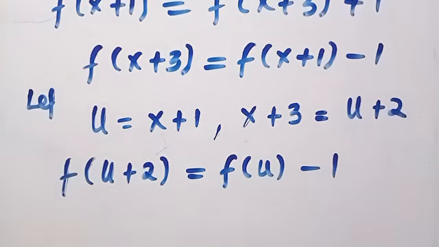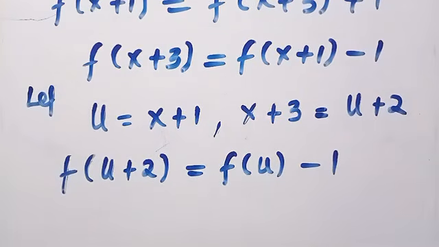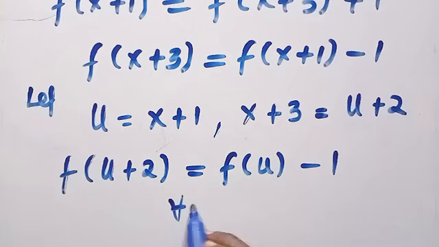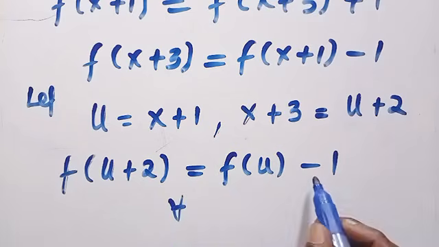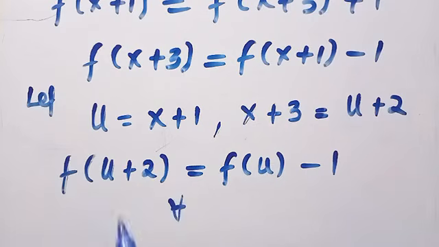So next, let's try and look for this u. So this u is always odd for all u in the domain of the function f. And let's try to look for a pattern here.